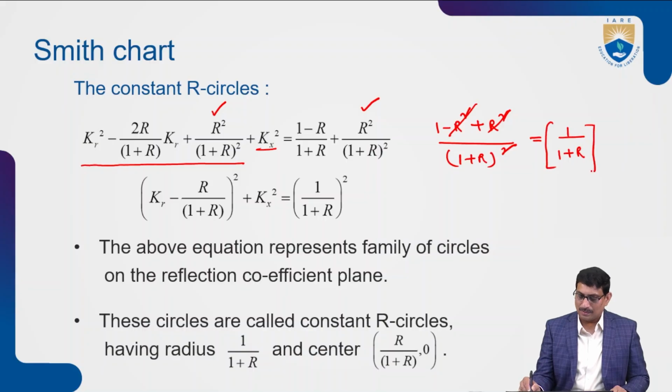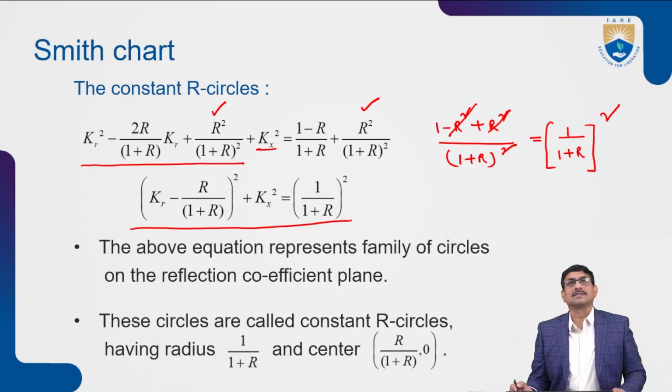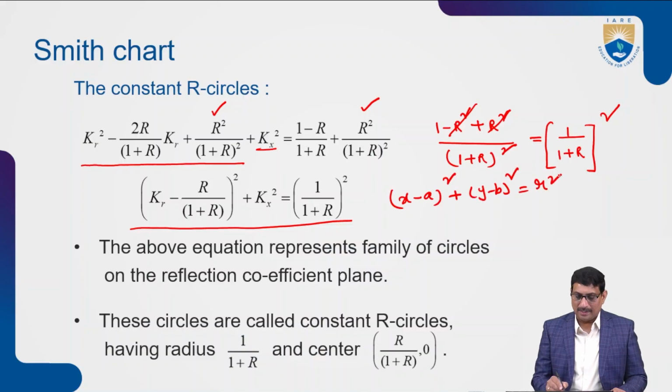Therefore, this becomes 1 divided by (1 + r) whole squared. Now this equation looks like a circle equation: (k_r − r/(1 + r)) whole squared plus k_x squared equal to 1 divided by (1 + r) whole squared. It looks like (x − a) squared plus (y − b) squared equal to r squared, where in place of a we have r divided by (1 + r), in place of b we have 0, and in place of the radius we have 1 divided by (1 + r).